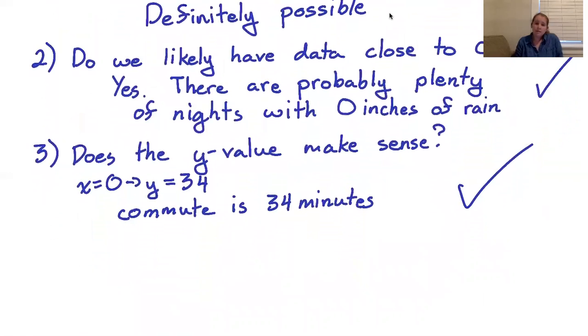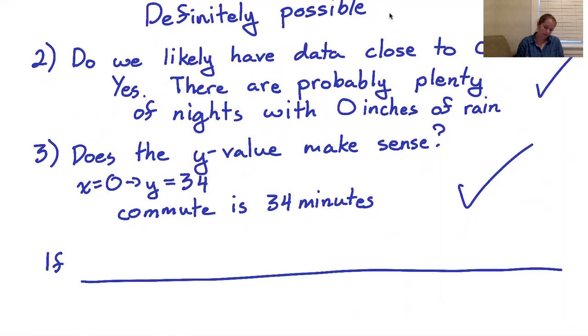So the way that the interpretation works is we say essentially if x equals 0, or when x equals 0. So if blank, so this first blank is x equals 0 in context.